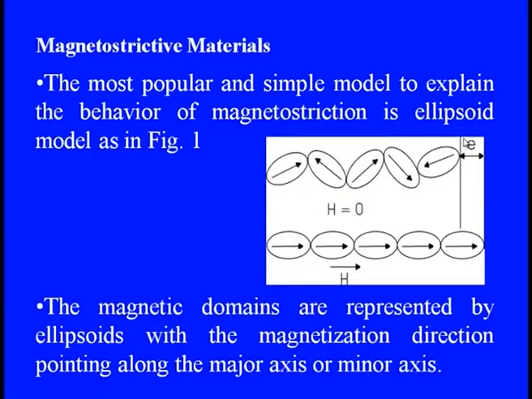Magnetic domains are represented by ellipsoids with the magnetization direction pointing along the major or minor axis of the ellipse, and depending on whether they lie vertical or horizontal, there is a clear expansion or contraction.